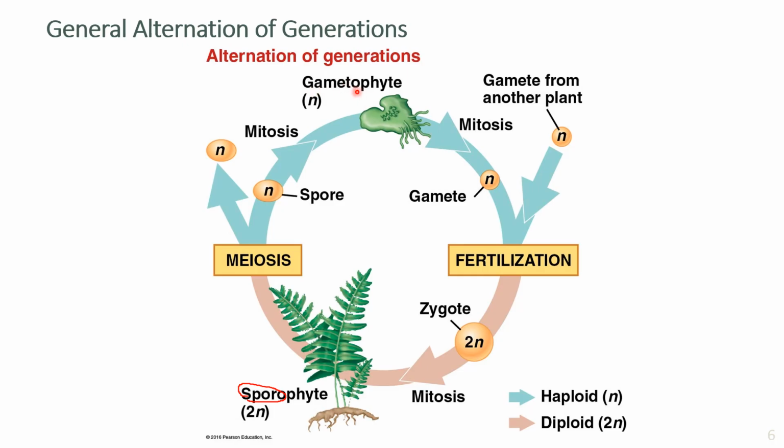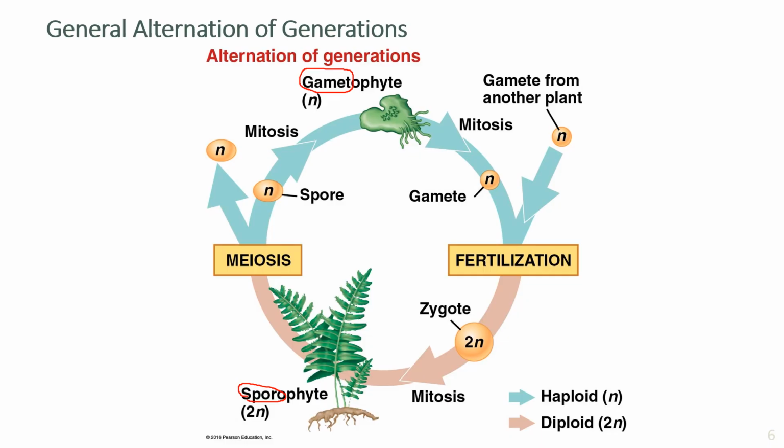Then those gametophytes are going to produce the gametes, because remember, the gametophyte is the multicellular body of the plant that's producing the gamete. If we are going to maintain our chromosome number, we have to do mitosis.